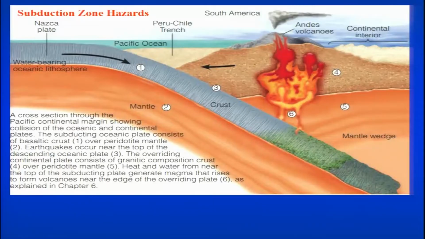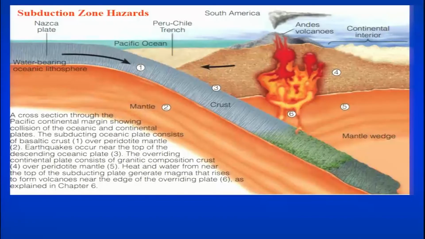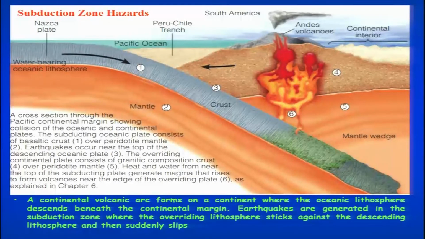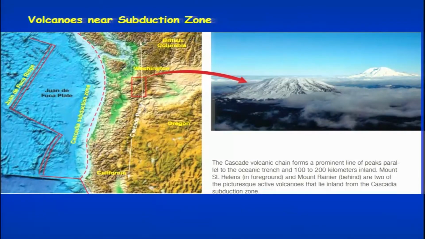So in such situations, or at plate boundaries where we talk about subduction zones, we have a threefold hazard associated with such a tectonic framework. So on the surface also, when you have the oceanic plate subducting below the continental plate, you can see beautiful volcanic cones or eruptions along the subduction zone.